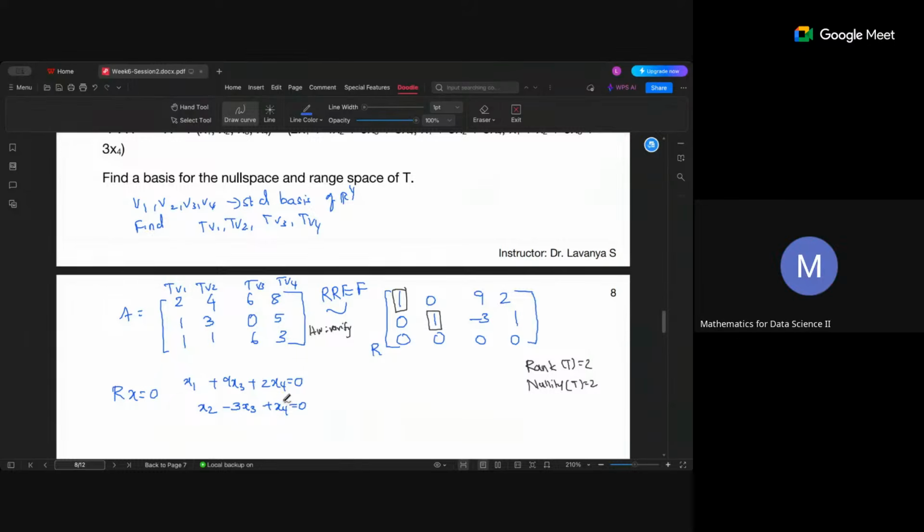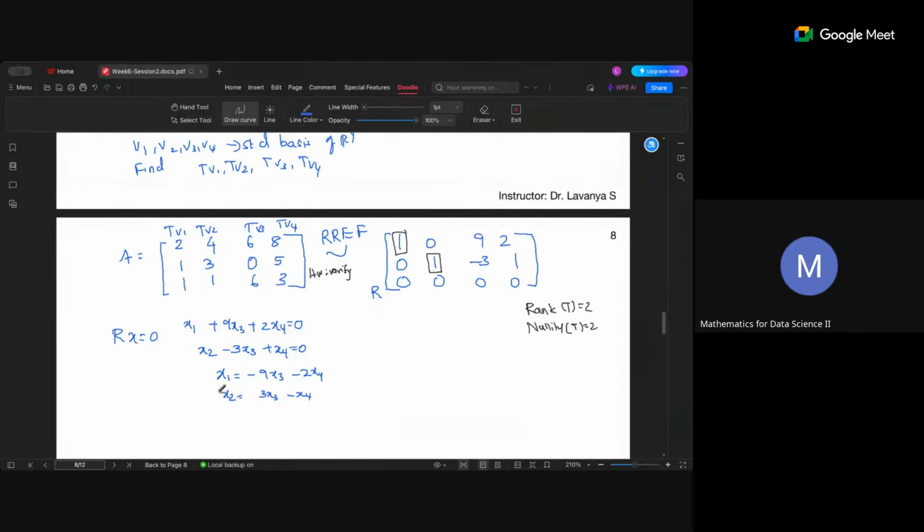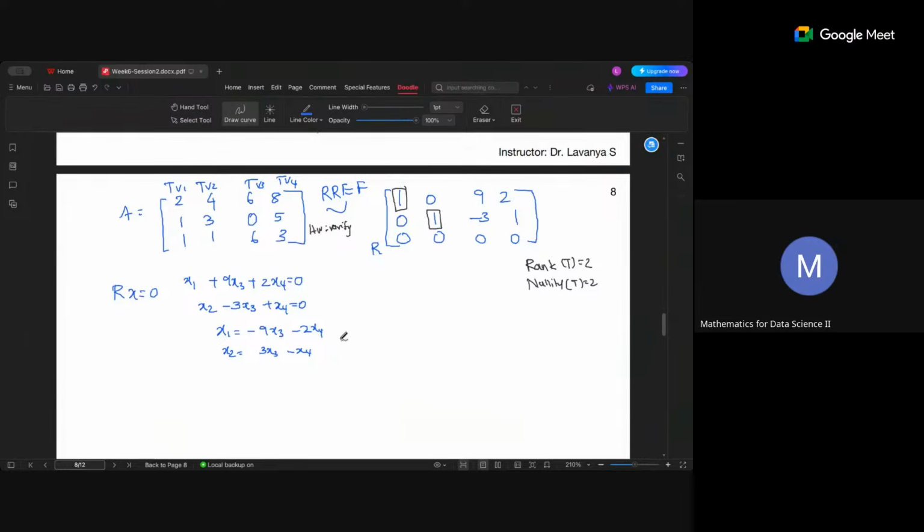Solving this, x1 equals minus 9x3 minus 2x4 and x2 equals 3x3 minus x4. So we can express x1 and x2 in terms of x3 and x4. So x3 and x4 are the free variables here.